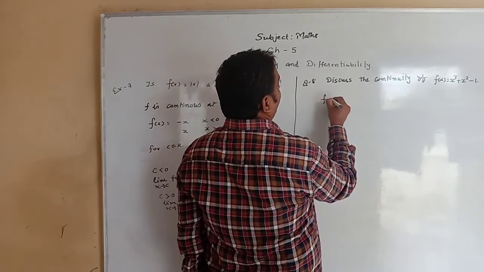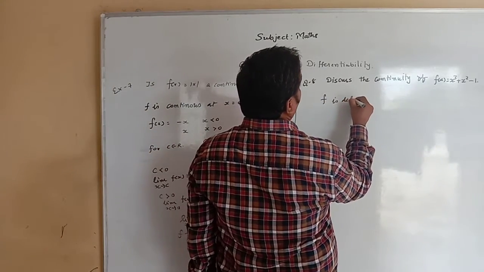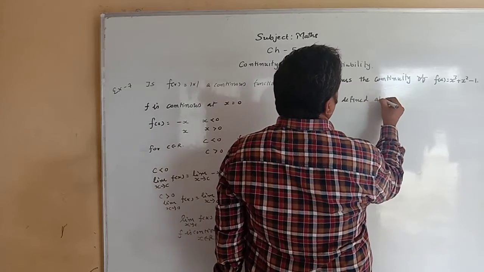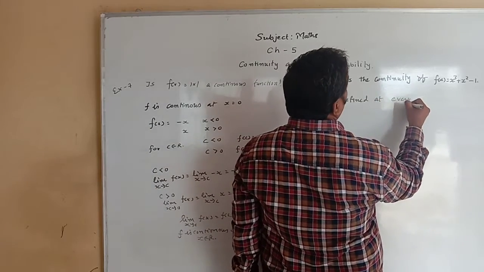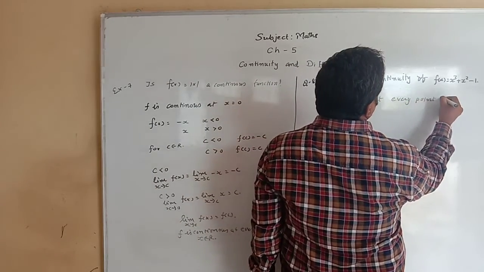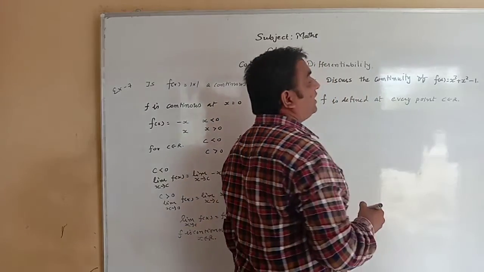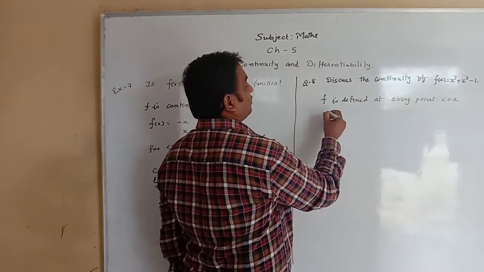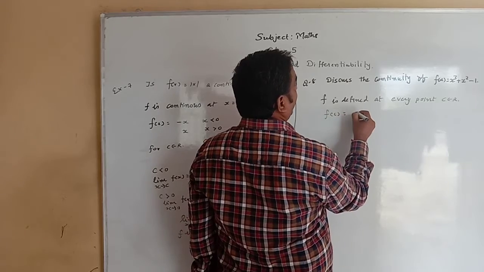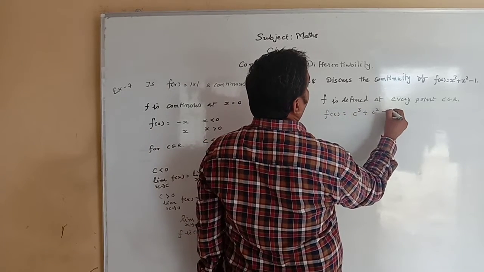So we know that f is defined at every point c belongs to R as it is a polynomial function, and so f(c) equals c cube plus c square minus 1.